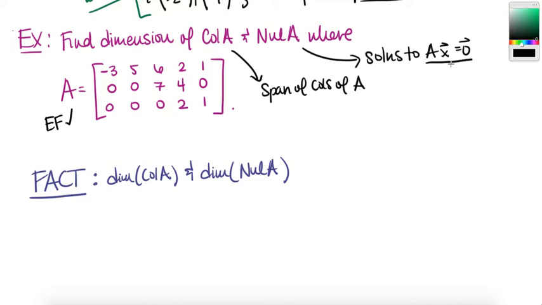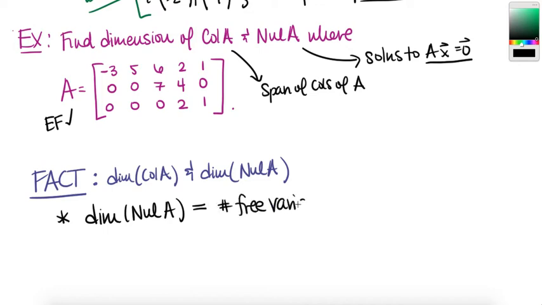Every time you got a free variable, that corresponded to a vector in your basis. That is going to happen in general: the dimension of the null space is the number of free variables, or the non-pivot columns.